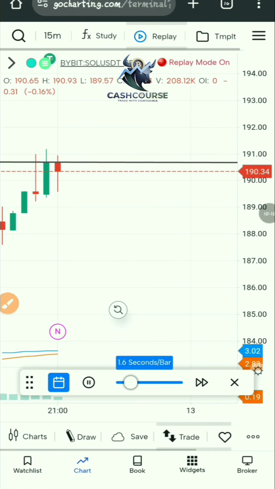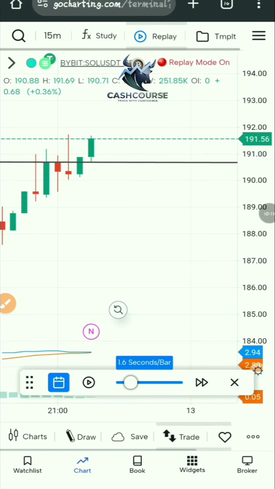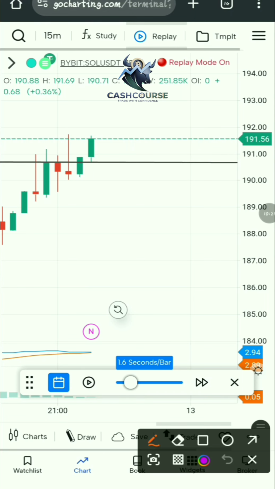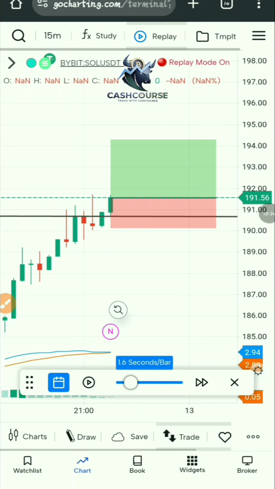So price is beginning to manipulate, and now price has closed above the line. So all we have to do is to take our entry over here, and then look for a reasonable risk to reward ratio. Now let's do that. So I've got a 1:2 risk to reward ratio. Let's see how this is going to play out.